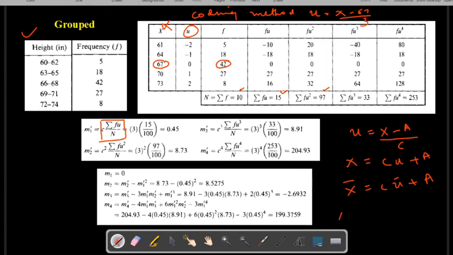So x bar minus a equal to c u bar will come, correct? So to find x bar minus a, you have to multiply c with your u bar. That's why they have multiplied c here. Okay, so the only thing you have to remember is when you consider u, you have to multiply c. In the other case, there is no c.